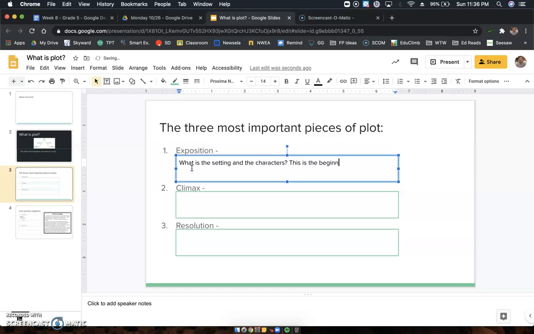So the exposition here, this is the beginning of a story, right? We find out where the story takes place, when the story takes place, and who is in the story. That's the exposition. All right. If you think about any sort of movie, the exposition is in the beginning, where you get to meet the main character and you get to see where the main character lives, and you get to see where and when the story takes place. That's the exposition, that's the beginning.